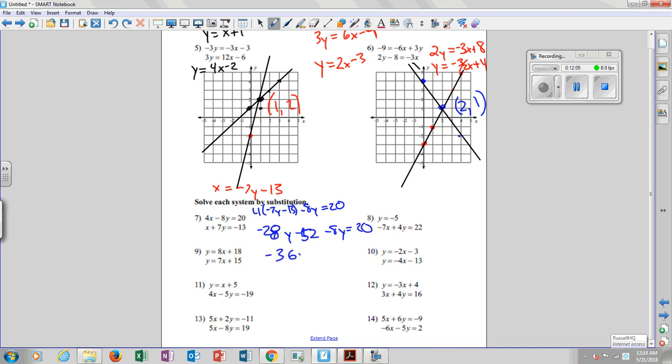Gives you negative 36y equals 72. Divided by negative 36, y equals negative 2. Take that negative 2 and plug it in up here. And you get x equals negative 7 times negative 2 minus 13. It gives you 14 minus 13, which is 1. Your answer would be 1, 2. That's it.